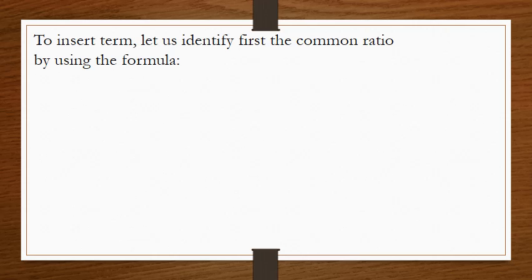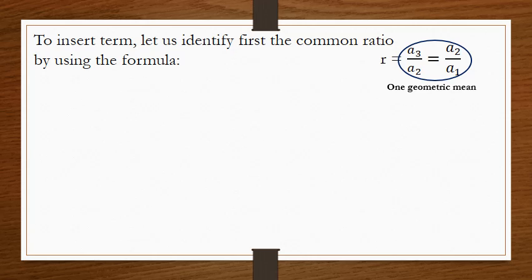Okay, if you only have to insert one geometric mean, you have to identify first the common ratio using this formula. R is equal to the third term divided by the second term, which is equal to the second term divided by the first term. So, itong formula ang gagamitin natin pag maghanap lang tayo ng isang geometric mean.